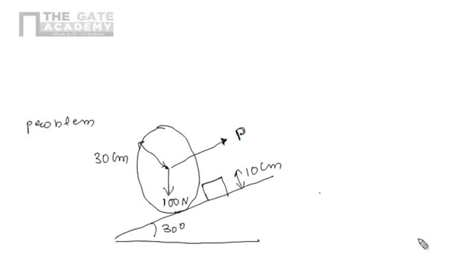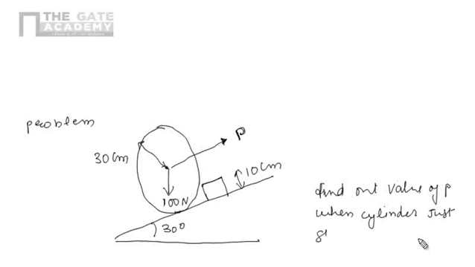Now we are applying the force P parallel to the plane, and now we have to find out the value of P when the cylinder just starts motion over the block.